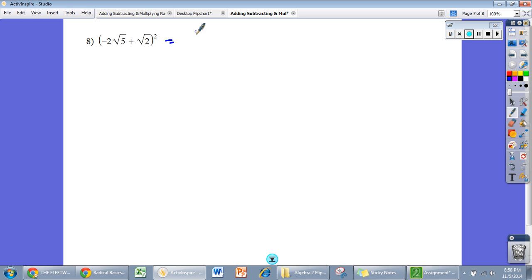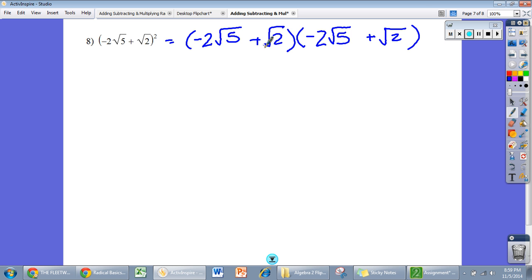So let's take a look. This would mean negative 2 square root of 5 plus square root of 2 times negative 2 square root of 5 plus square root of 2. What's inside the parentheses is being multiplied by itself. So let's pull this out and use our box method.